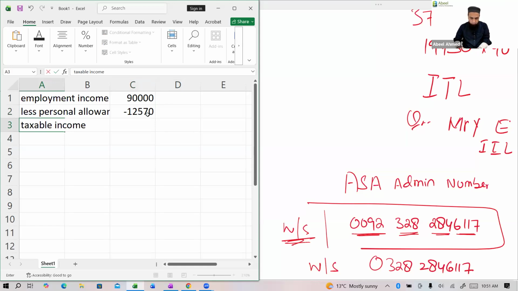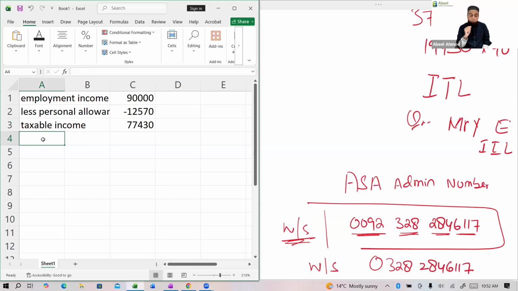Taxable income: simply I take 90,000 and then take this. 90,000 minus 12,570 gives us taxable income of 77,430. Obviously, on the entire 77,430, you cannot apply directly the 40% income tax rate.